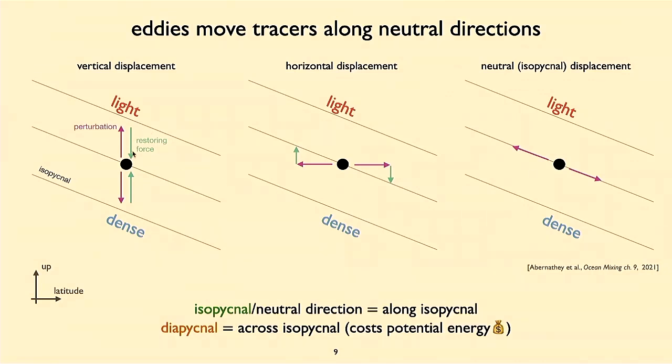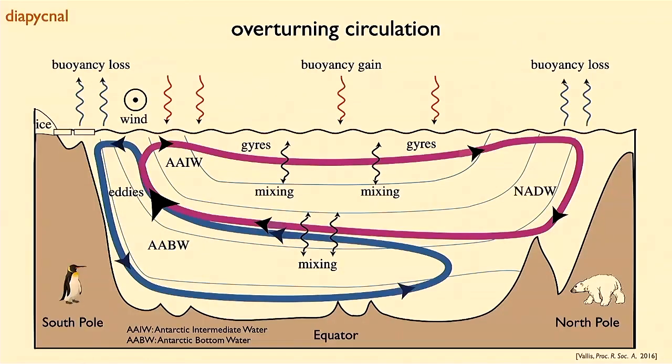But to cross isopycnals, it costs a little bit. So the ocean flow will do that not so often, or only with more effort.